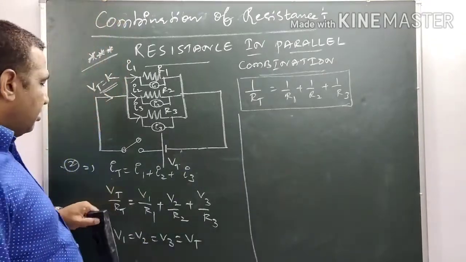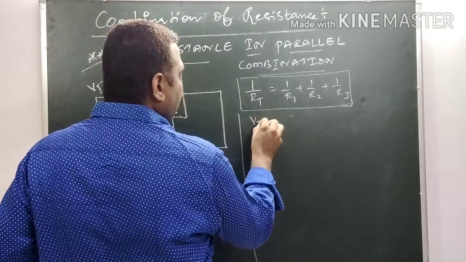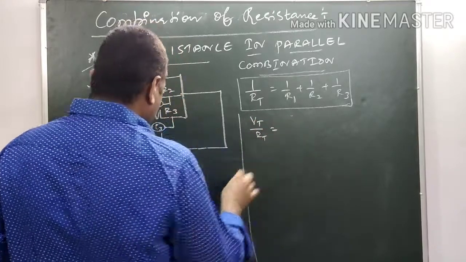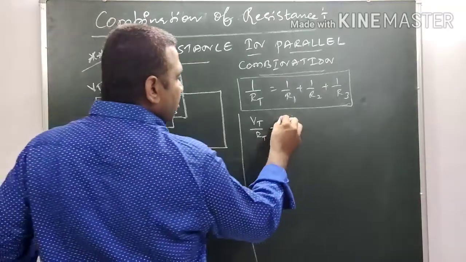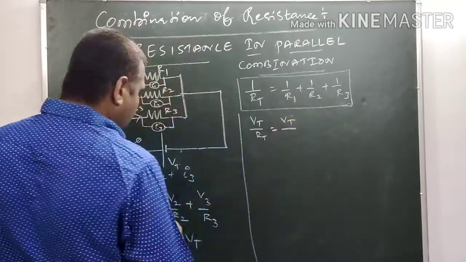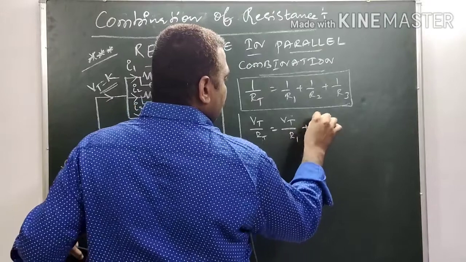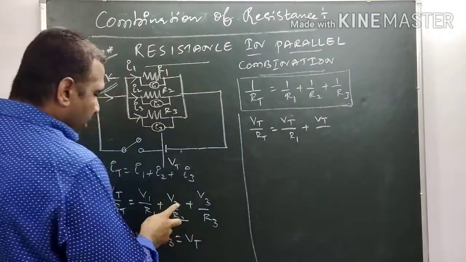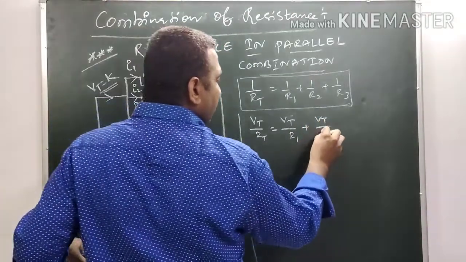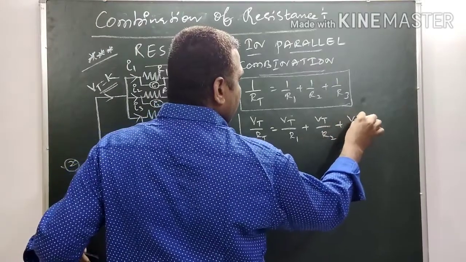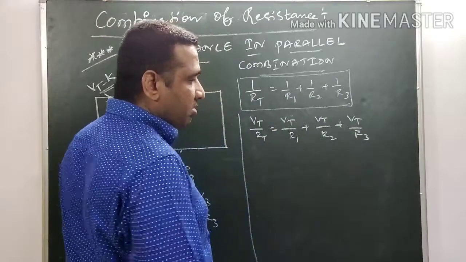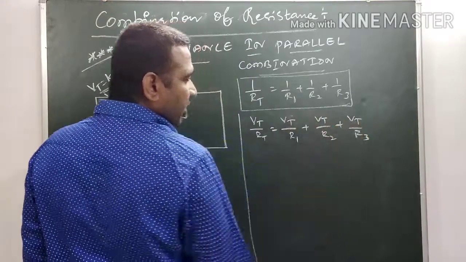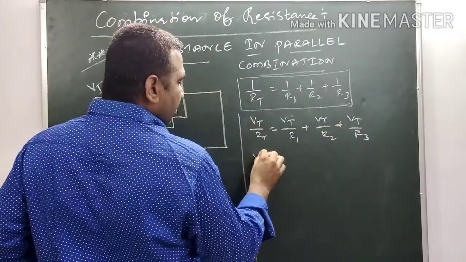So we take Vt by Rt equals, I just replace V1 as Vt here, so Vt by R1. Next, the same thing for V2 as Vt only, Vt by R2. Next Vt by R3. So in all the three terms we have Vt common, so remove that common Vt.